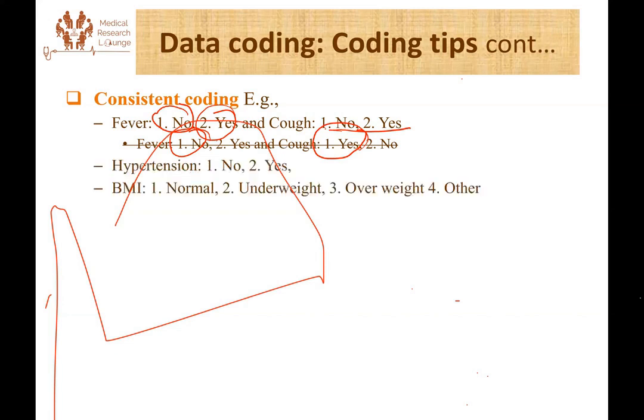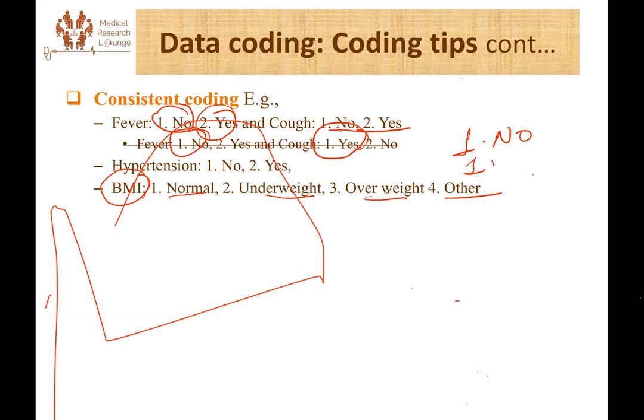The other consistency that we should be maintaining is that 1 is not only saved for the no responses, but it's also better to code normal values as the smallest code so that later we can use it as a reference. If you have BMI and you're collecting categorical data, then 1 normal, 2 underweight, 3 overweight, and 4 you can make it other.